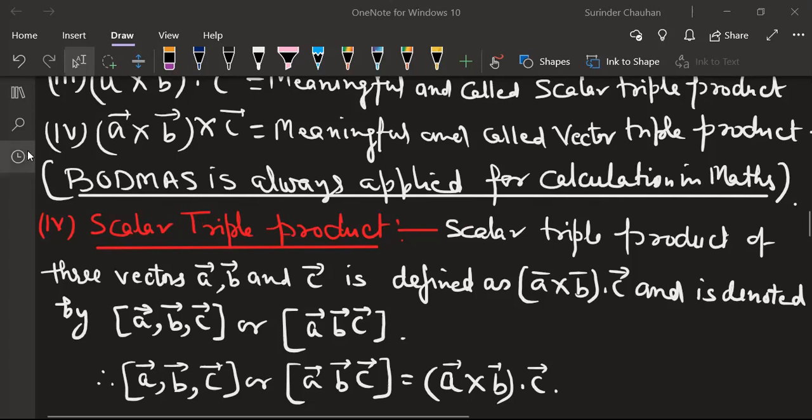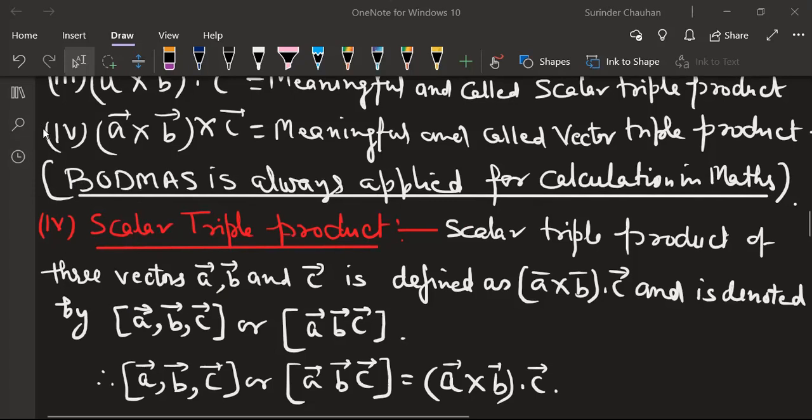The formula to remember this: first open the bracket, then solve of, then division and multiplication, then addition and subtraction. So this is very easy to remember, and always while doing any calculation in mathematics you must follow this BODMAS formula.